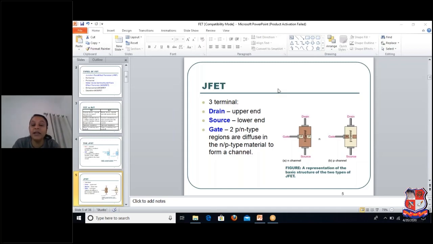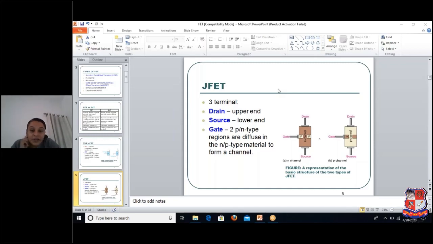Similarly, for the P channel JFET, we use N type semiconductor material for the two sides and the middle layer is made from P type semiconducting material. Understand? The drain and the source will be the upper and lower layers, and the middle one has the P or N type regions which are diffused.